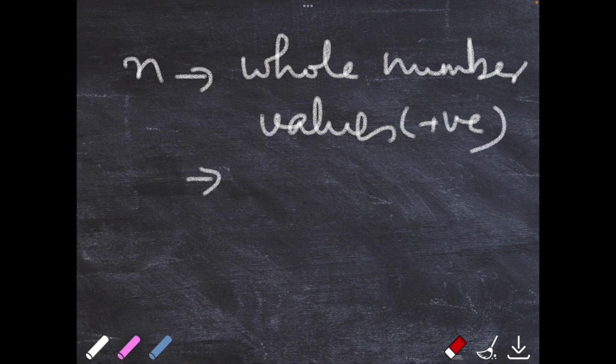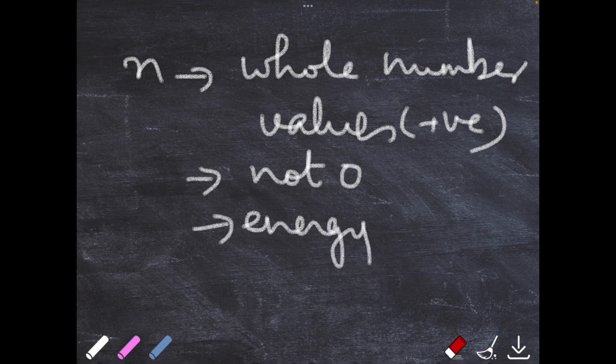It cannot have 0 as its value. Then it gives the energy of the electron. I'll tell you how it gives the energy of the electron, and also the distance of the electron from the nucleus.